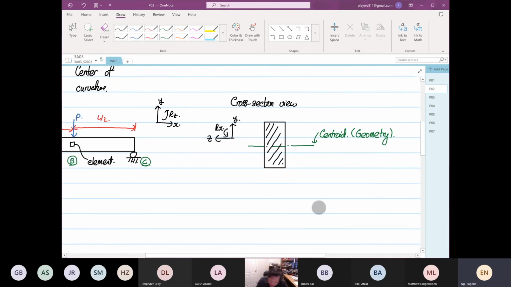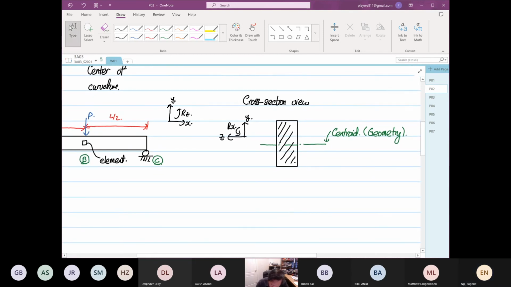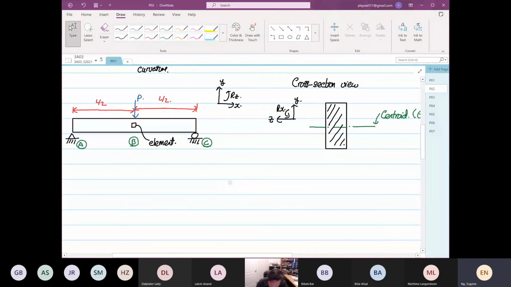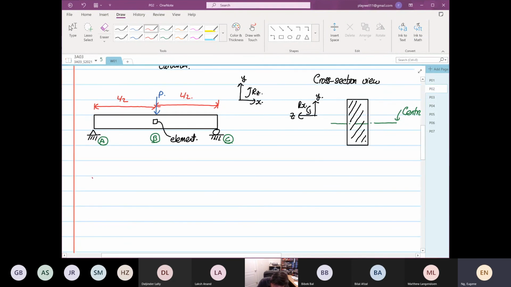Okay, right. So if the structure is loaded this way, okay, so we know that the deformation looks like this, right? We know the deformation looks like this. So this is our moment about Z. So this is our deformation pattern.